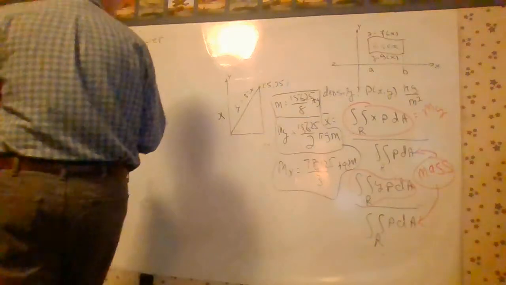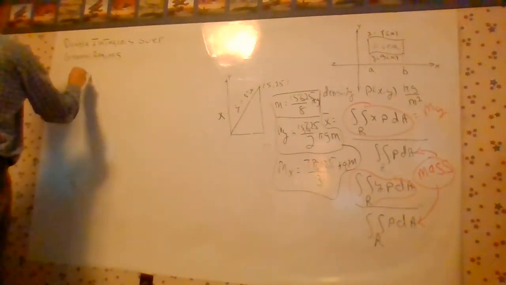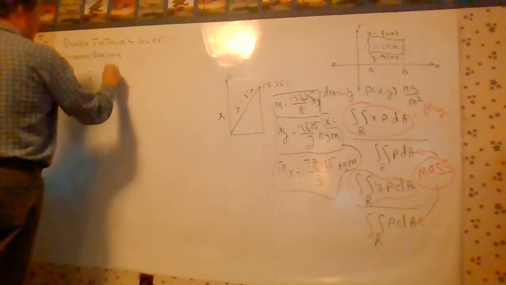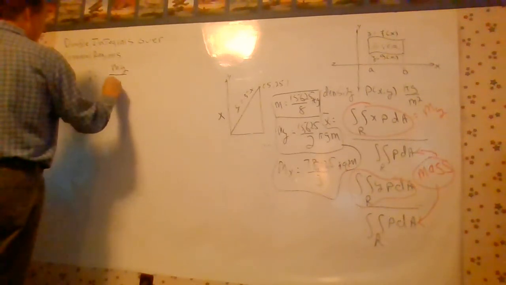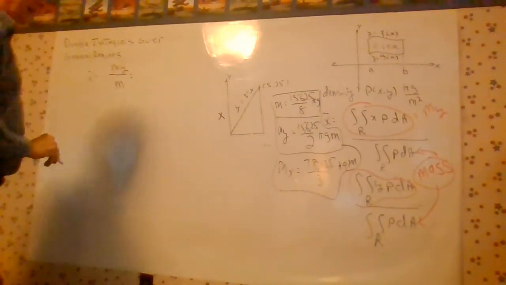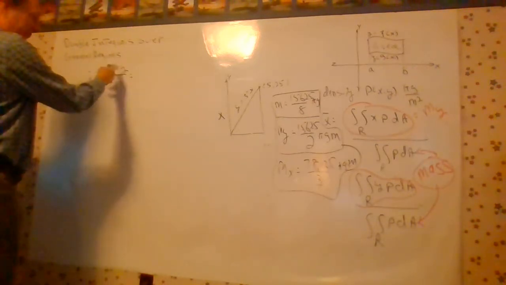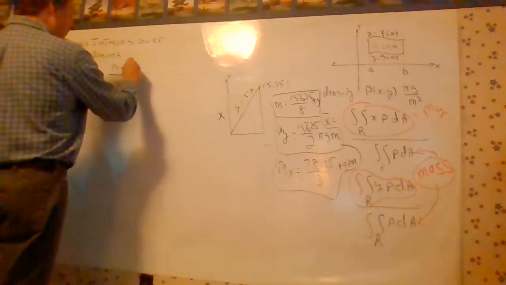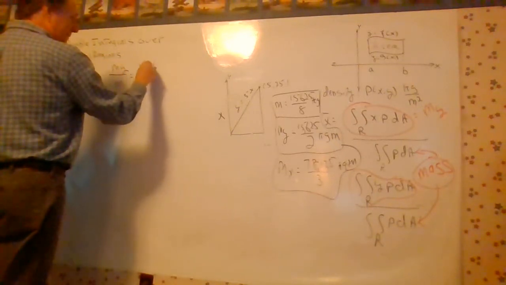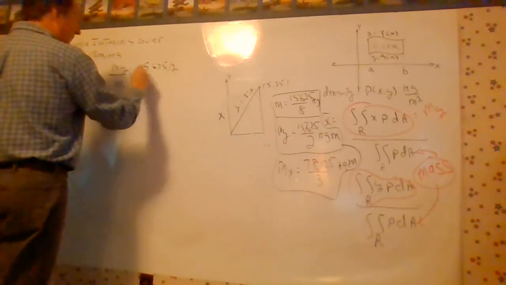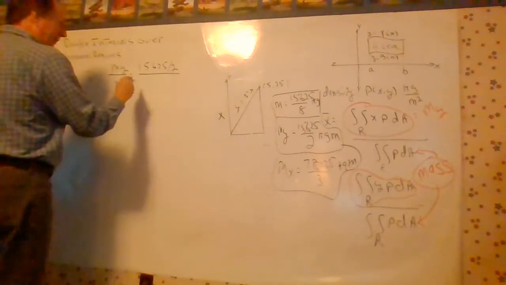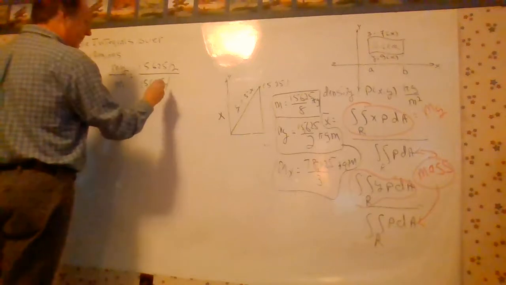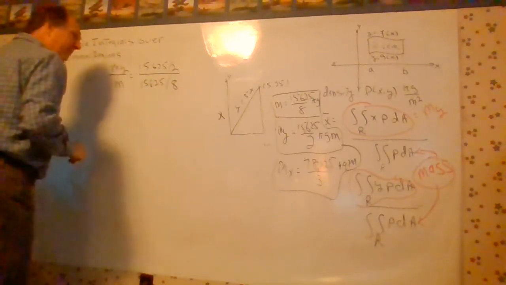Now we can do some simple calculations. X bar is equal to m sub y over m. Keep in mind there was that switch there. It's not m sub x over m. M sub y is 15,625 over 2, divided by 15,625 over 8.